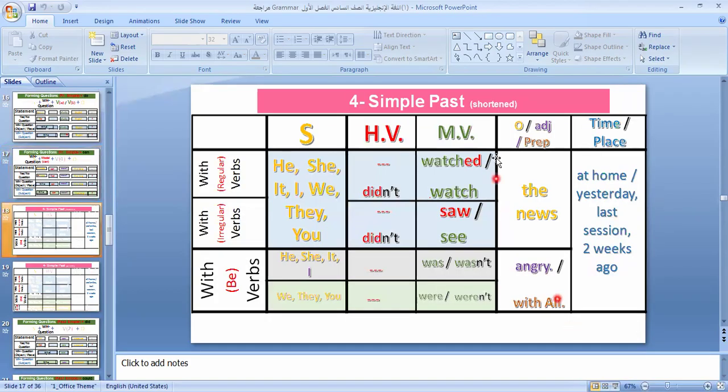Let's go to another one here. Here we talk about the past simple form. I explain the past simple form shortly, and next class I will continue this tense. This tense expresses an action that happened and ended in the past, and we use it when we narrate something to others.